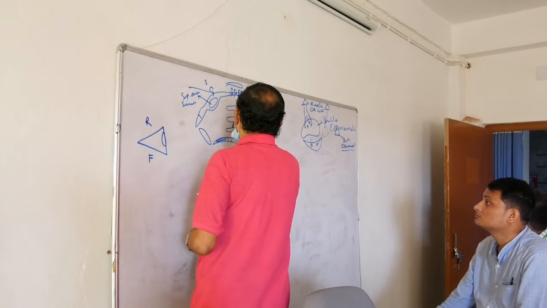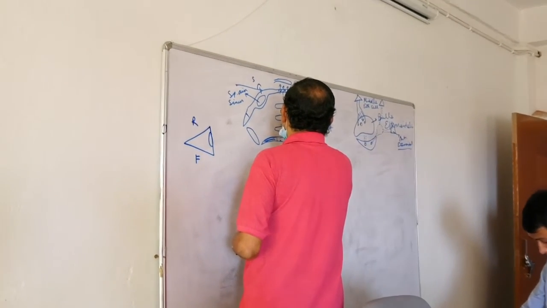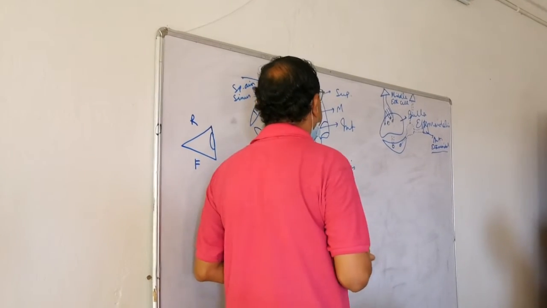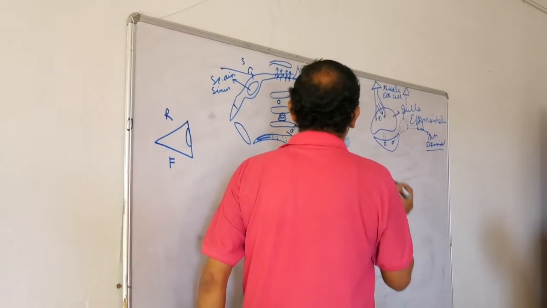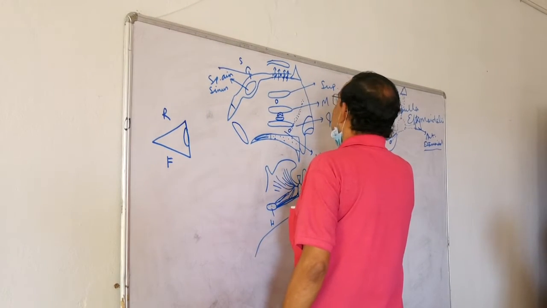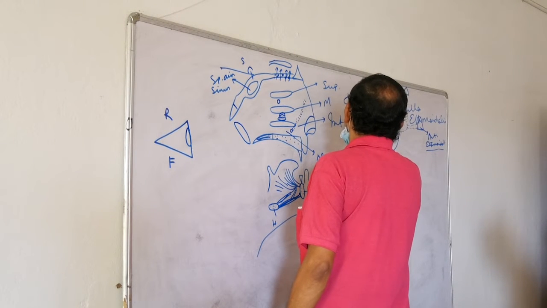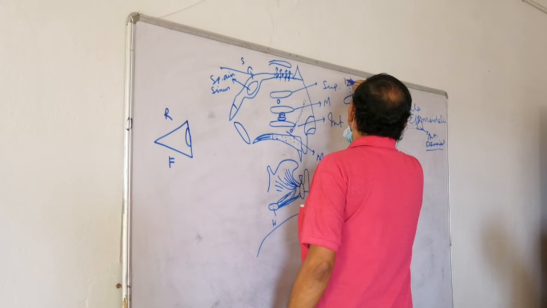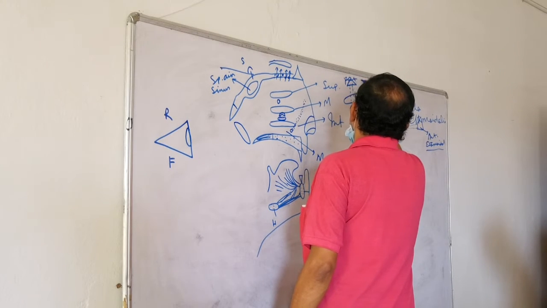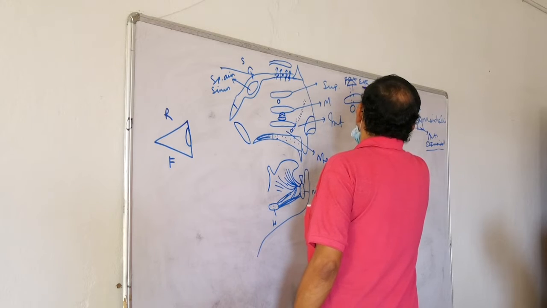Now in the superior meatus we can find another opening, and this opening will open into the posterior ethmoidal cells.